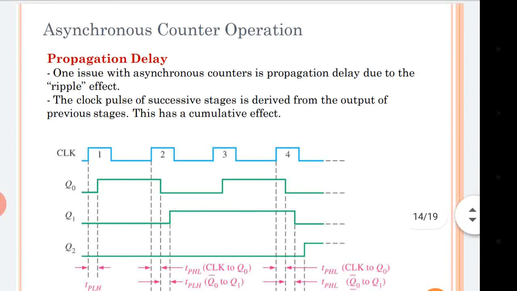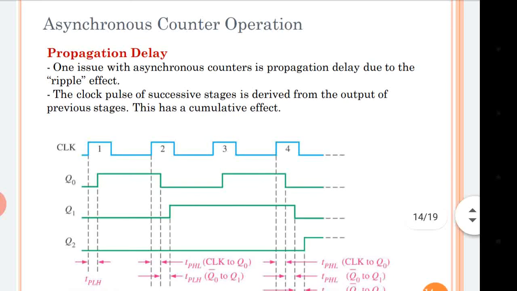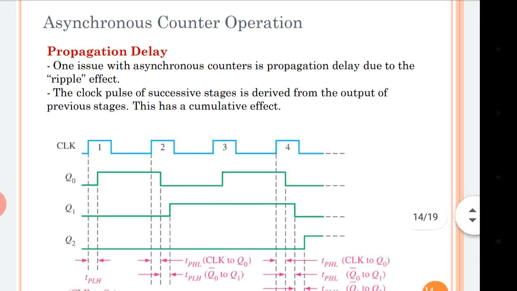There are some disadvantages of the asynchronous counter. The main disadvantage is the propagation delay, because we know the external clock is connected only to the first flip flop, and the output of the first is connected to the clock of the next. That is why propagation delay is present.